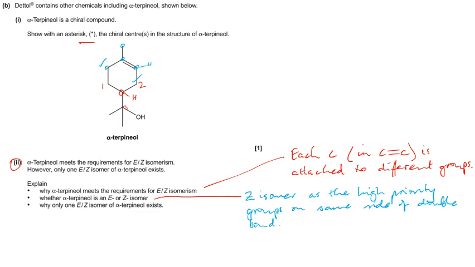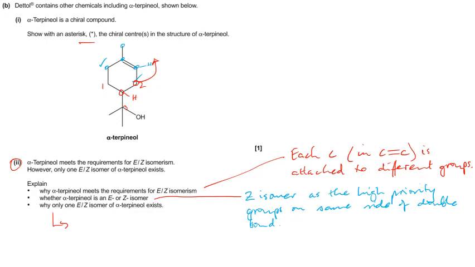Like that. And lastly, why only one EZ isomer of alpha terpineol exists? Well, if you look at the high priority groups, they're in a ring, and so if you wanted, say, this carbon to move over there for it to be an E isomer, you would break the ring. So you say both priority groups are in the ring, otherwise the ring would break.